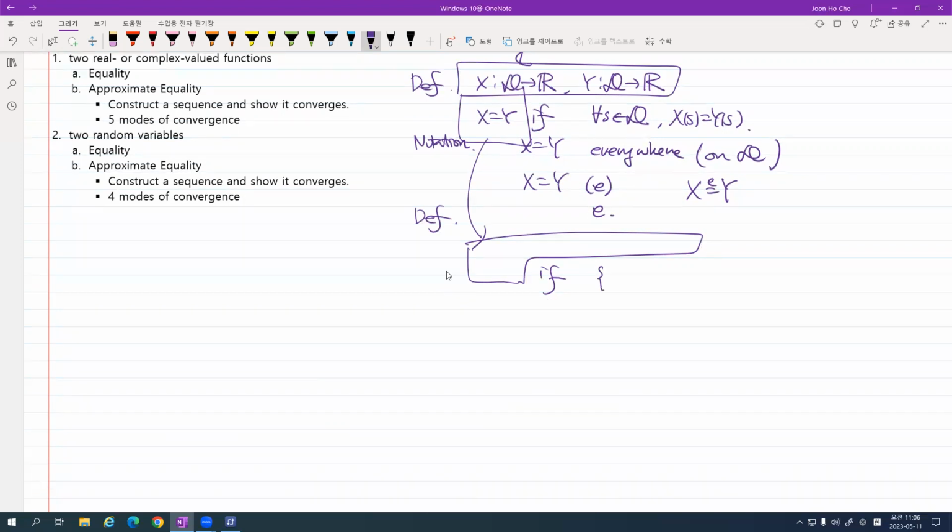So here goes the set of s in D where X and Y have the same value equals D. What does that mean? For every s in D, you check whether this holds or not. And if equality holds, that s is a member of this set. And it turns out that every s in D is in the set. So without exception, they are the same.